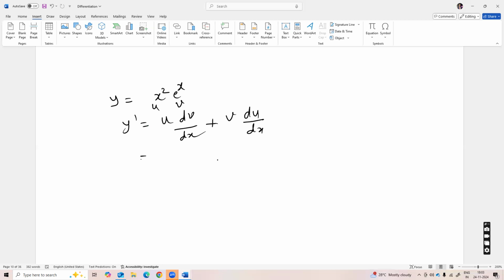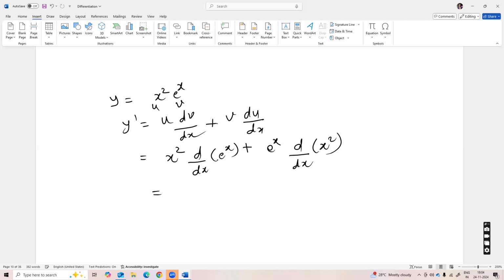So if x square is u, we will take x square outside, derivative d by dx of v. Here v is e to the power x. Then we will take e to the power x outside, and we will take the derivative of x square.